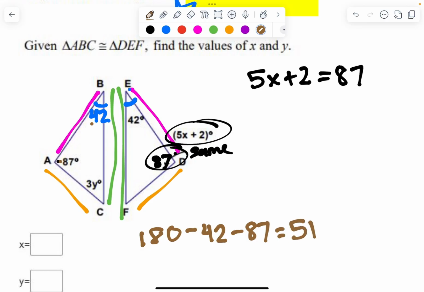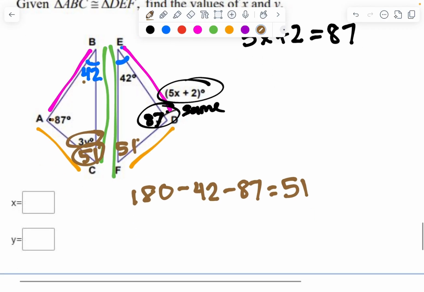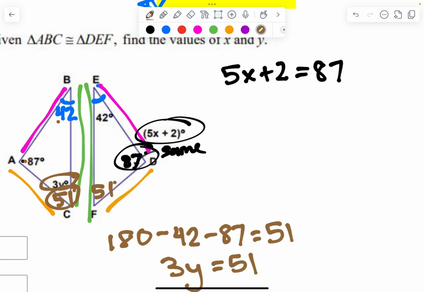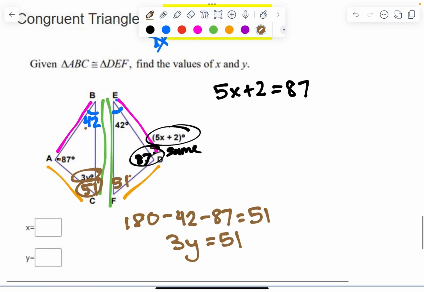If I'm not mistaken, that should be 51. So this is 51 degrees, and this is also 51 degrees. We have the same situation where two things mean the same thing in the same spot. So 3y is going to be equal to 51. Then we're going to solve both equations for x and y.